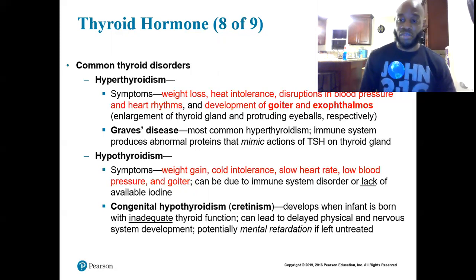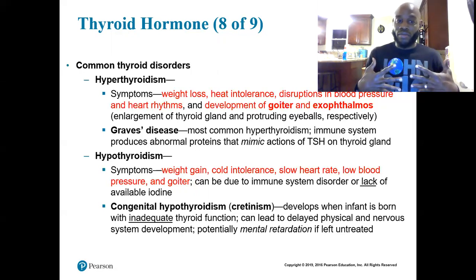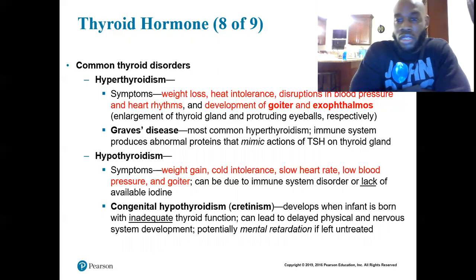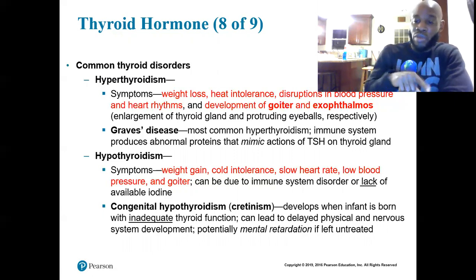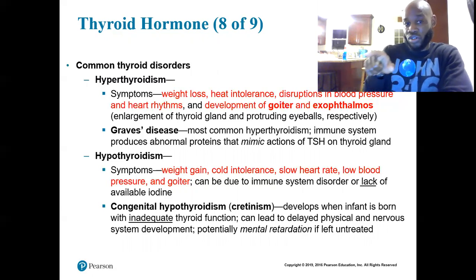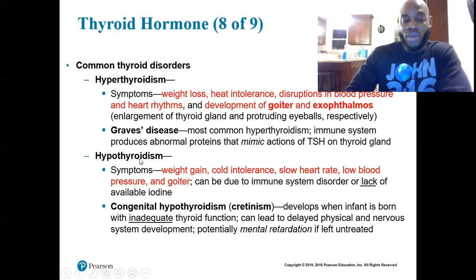Heat intolerance, my body's too hot. So I would want it to be colder because I'd be naturally hotter if my thyroid was too active. And then you can also have some troubles with your blood pressure and your heart rhythm. Remember, it affects your sympathetic nervous system, which is your blood pressure, your heart rate. So you can have elevated heart rate, elevated blood pressure, right? And also can have goiters.